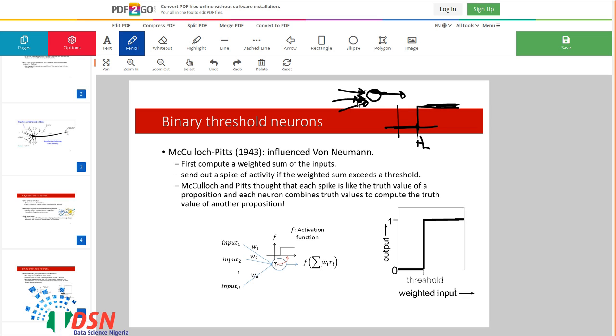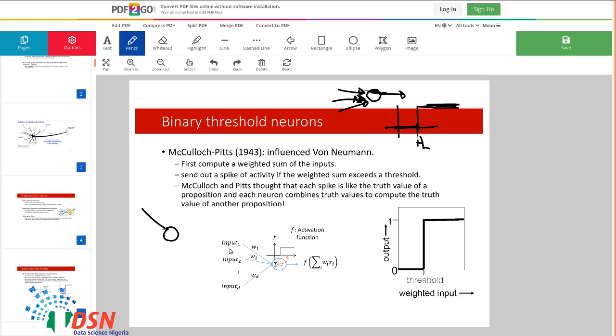So this was the motivation for creating neural networks. The first neural network that was created was the binary threshold neuron, used by McCulloch-Pitts, and it works without any learning algorithm. It is a one-layer network.